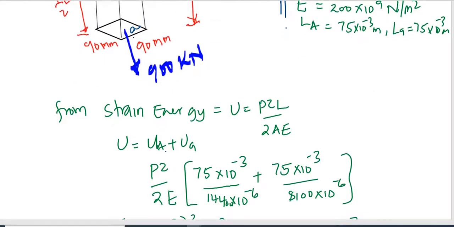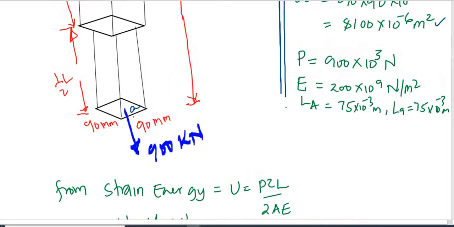Load P is given as 900 times 10 to the power 3 newtons. E, the modulus of elasticity, is 200 times 10 to the power 9 newtons per square meter. Then what about the lengths?